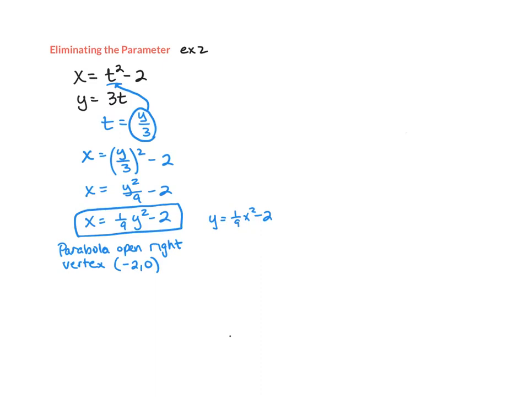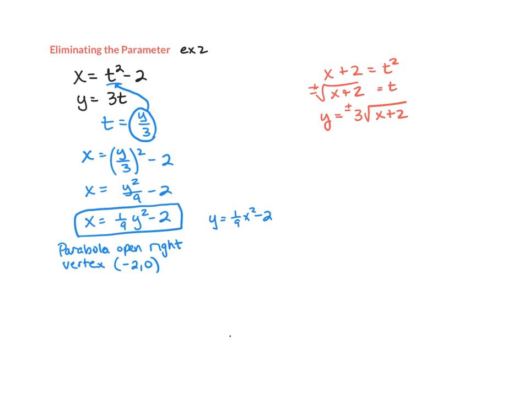If you would have chosen to solve for t with the x equation, it would have been a little bit harder because it would have been x plus 2 equals t squared, and then t would equal plus or minus the square root of x plus 2, which then you would have to put into the y equation and get plus or minus 3 radical x plus 2.